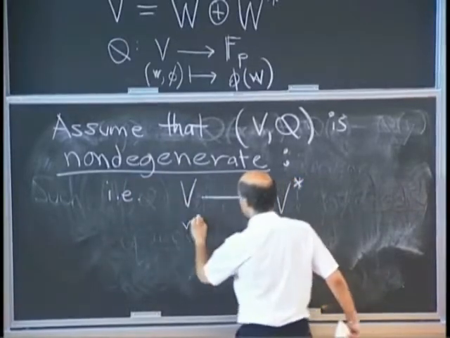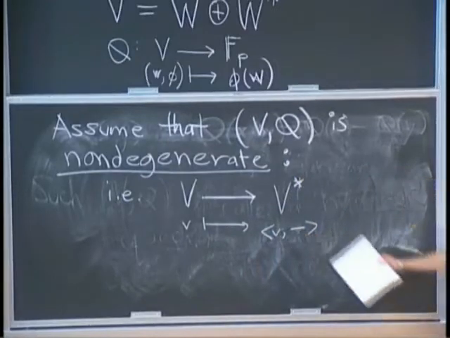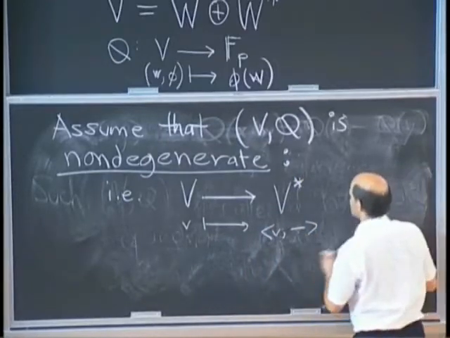Namely, little v goes to the linear functional given by v as a function of this other argument. And then the condition is that this should be an isomorphism.